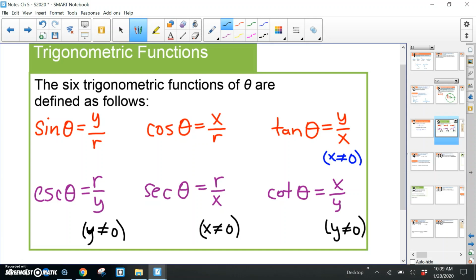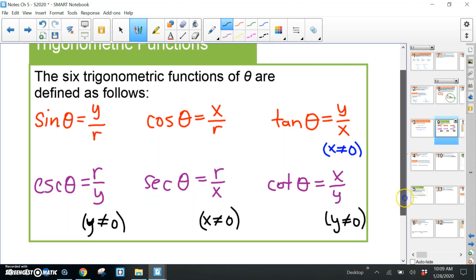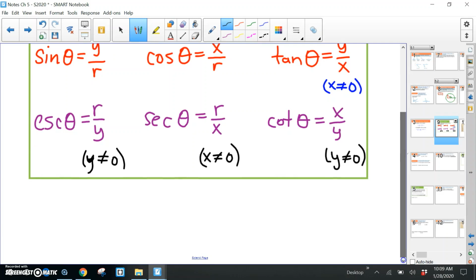All right, now, you probably want to have these 6 things memorized. It shouldn't be as hard as maybe you think. You can go back in time and remember SOHCAHTOA. Sometimes I think that helps.